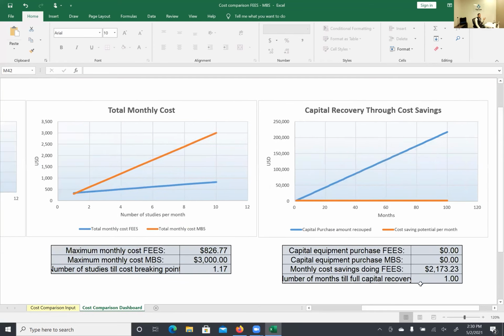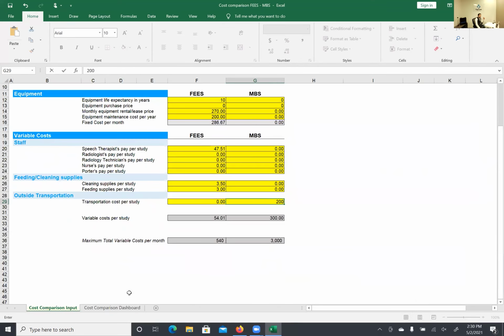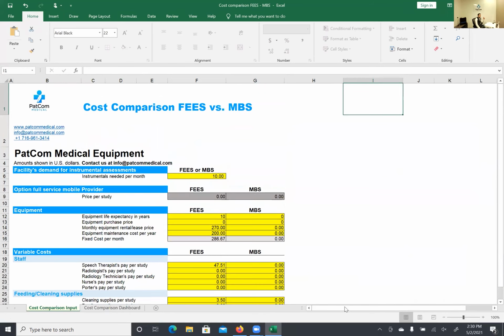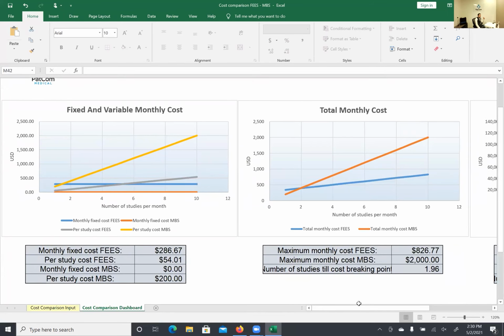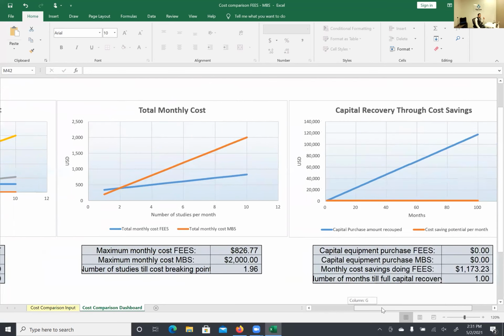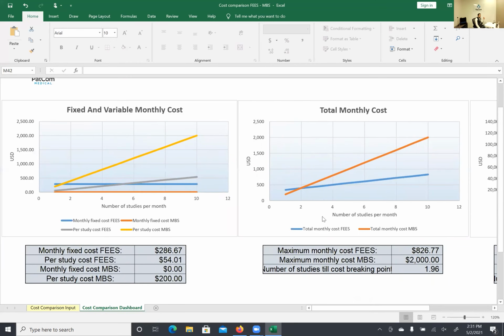The capital recovery doesn't really change that much because, again, we're looking at a lease here, right? So as we go down even further, it'll take a little bit longer, right? So now it'll be 2 studies at least per month that you have to do to be able to save money with the MBS.